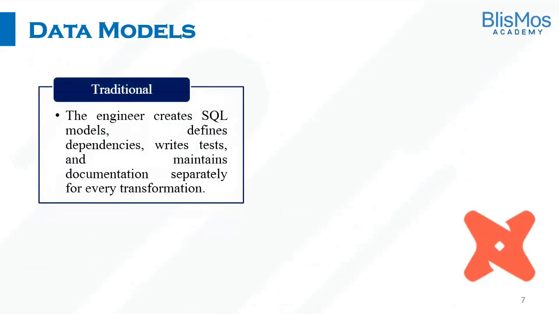Moving on to the next activity, the data models. Sometimes the engineer has to create the SQL models as a part of the transformation. I know the data modeling happens much before the transformation, but some of the times the data engineer has to create the SQL models by defining the dependencies, writing the tests, and also maintaining the documentation.